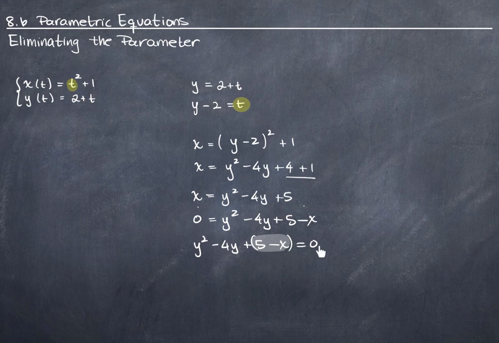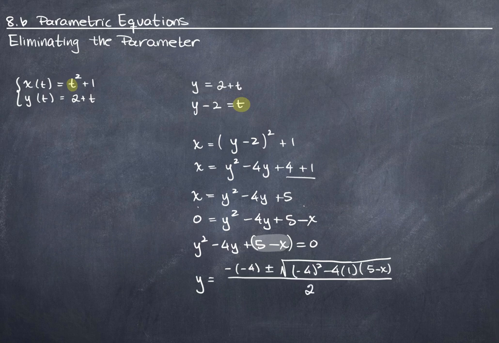Since it's equal to 0, I can write using the quadratic formula, y is equal to negative b, which in this case is negative 4, plus or minus the square root of b squared, so negative 4 squared, minus 4 times a times c, and c is the constant here. Yes, it has an x in it, but that's okay. This whole thing is my constant, so 5 minus x. And that's all over 2 times a, and a is 1, so it's just over 2.